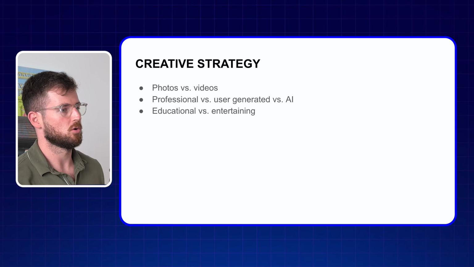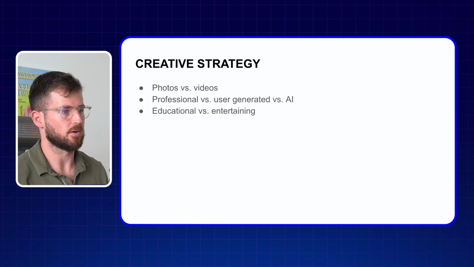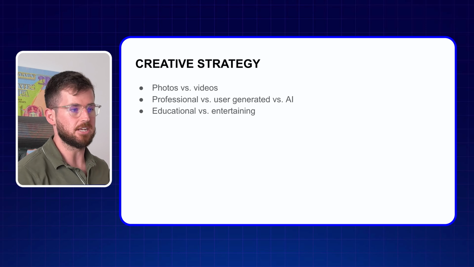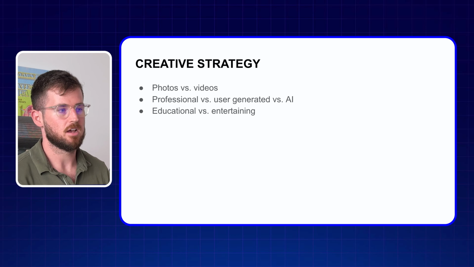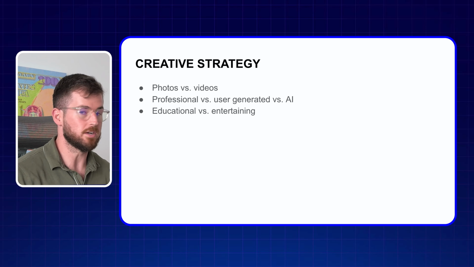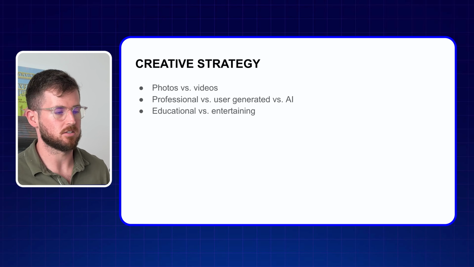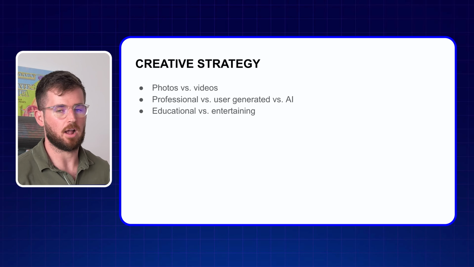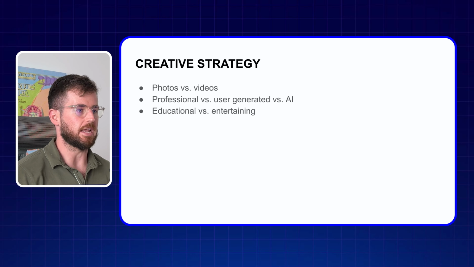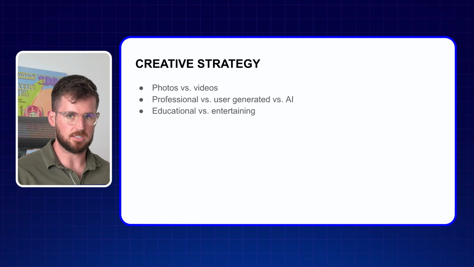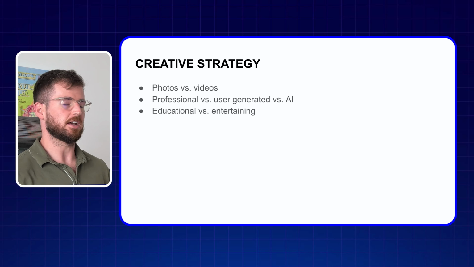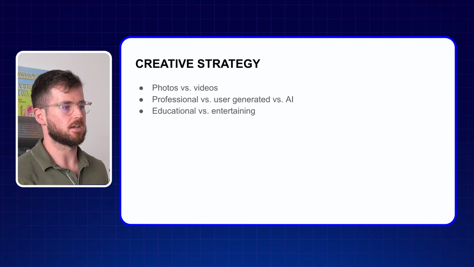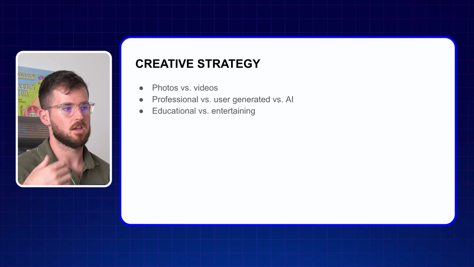So, for example, professional versus user generated versus AI, educational versus entertaining. If it's a video, you could do 20 seconds versus 20 minutes, long form, short form. Videos can be all kinds of mixes of different stuff. So there's a lot of little things you could test in your creative strategy, but I would say these are the three big key areas I'd be looking at in that creative strategy.